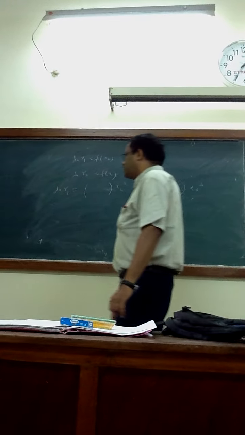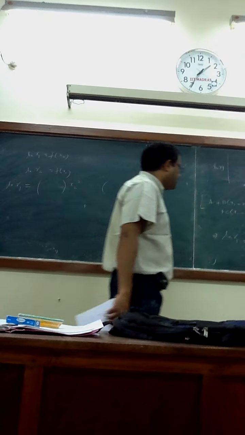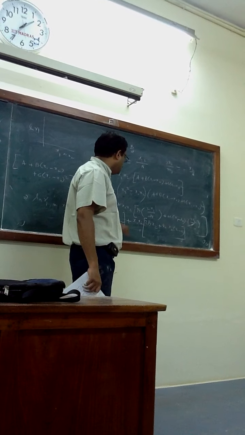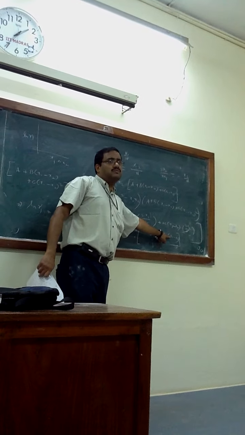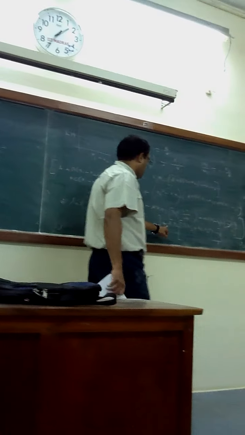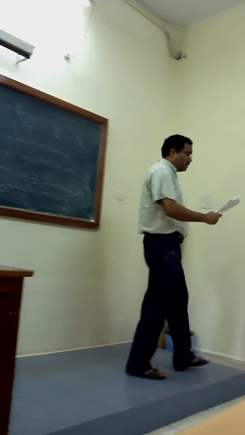What is the coefficient for x2 square? So what you have to do, you have to substitute x1 as 1 minus x2. And x1 also you have to substitute by 1 minus x2. If you do that, what you get?